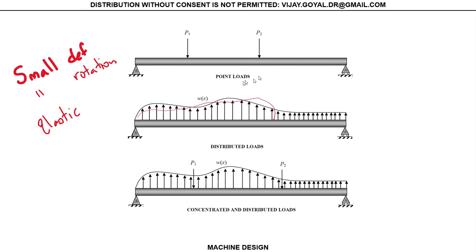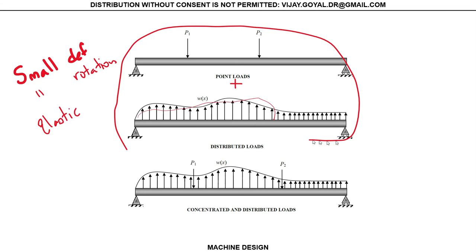Under those two conditions, I can use the principle of superposition. I can solve this problem alone, and this problem alone, and then the addition of these will give me the solution of this, right? And probably this you already learned in your previous classes.